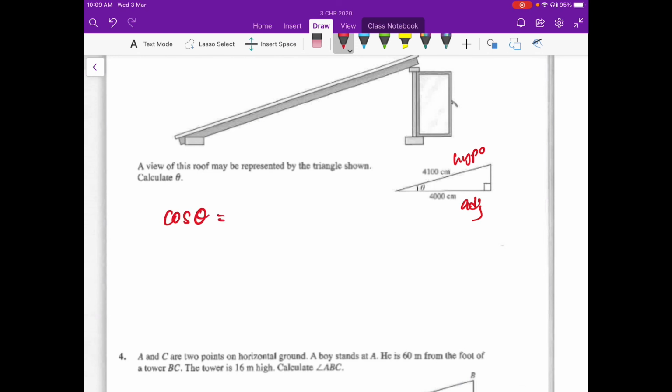Okay, because you have the adjacent, we have the hypotenuse, cosine. 40 over 41. We just want theta.